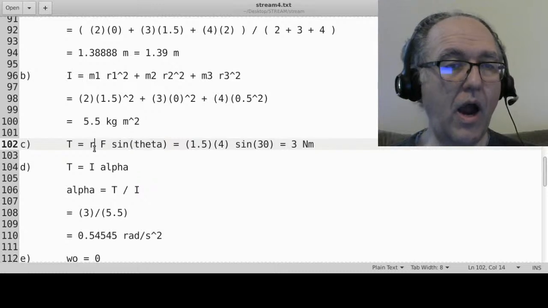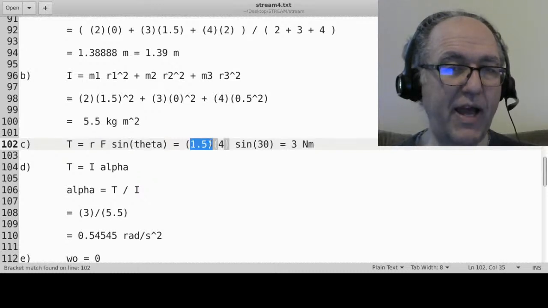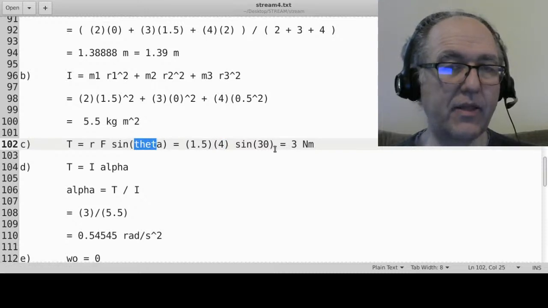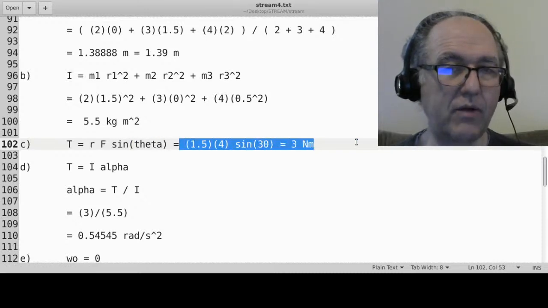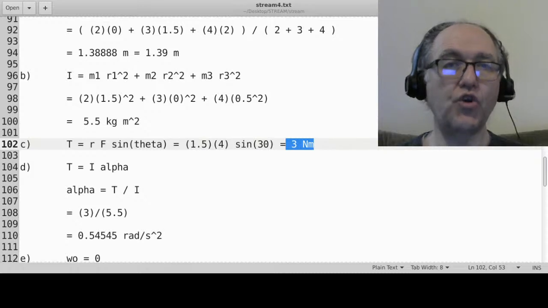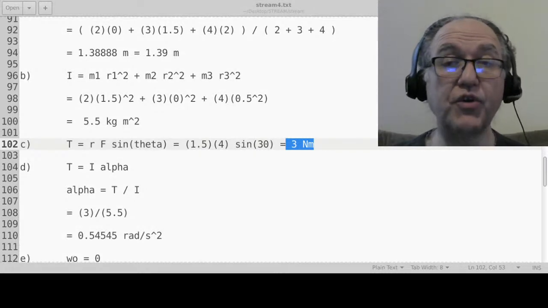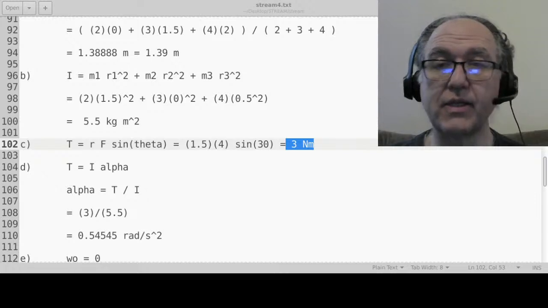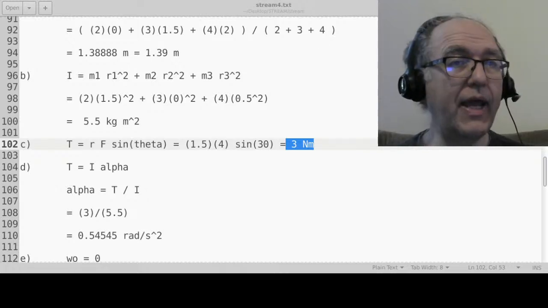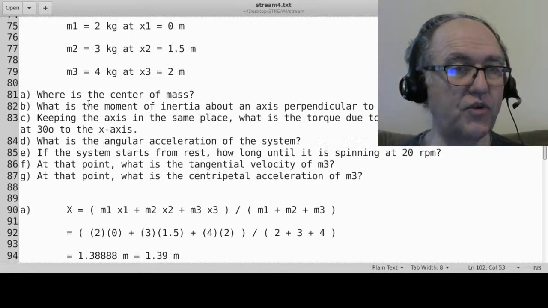So r we decided was 1.5. The force I said was 4 newtons, and the angle is 30 degrees. If you work that all out, that turns out to be 3 Newton meters. Torques are measured in Newton meters, so this torque is 3 Newton meters. And that answers this question right here.